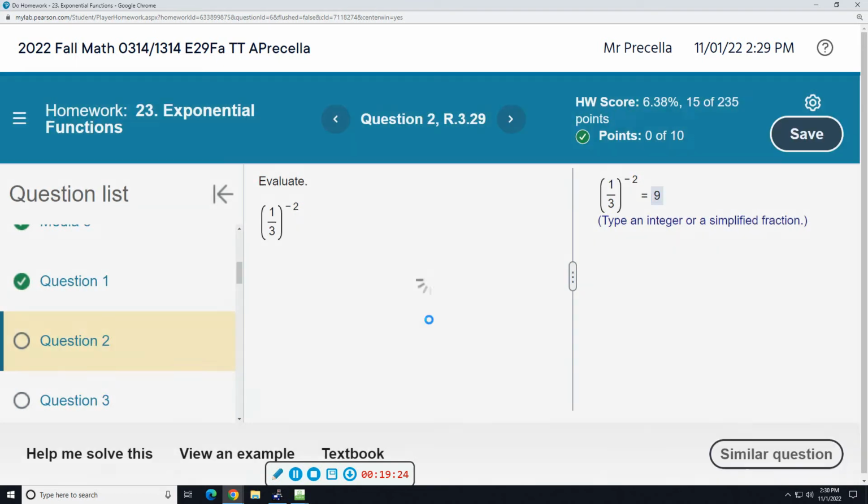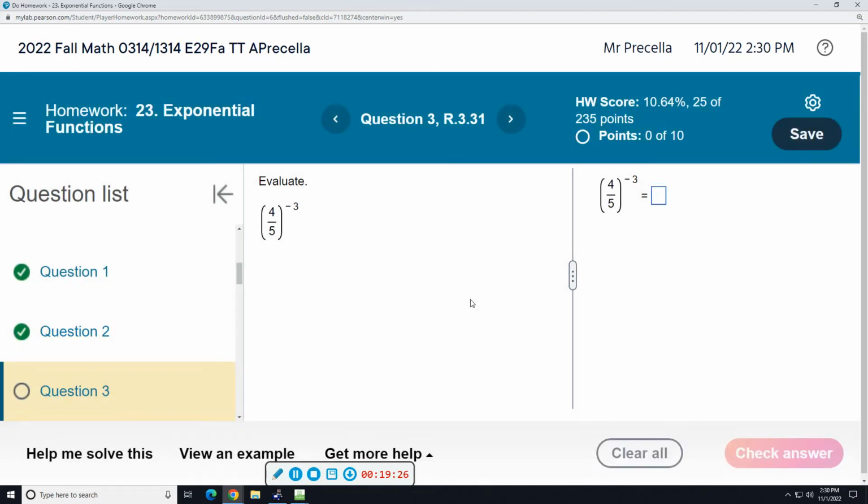Next question. Number 3. It says 4 over 5. This is problem 3. 4/5 to the negative 3rd power.